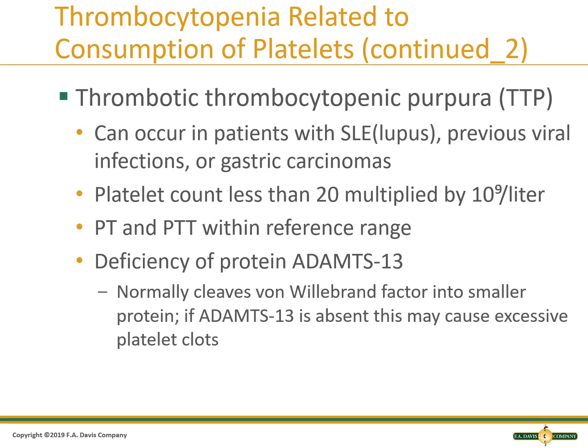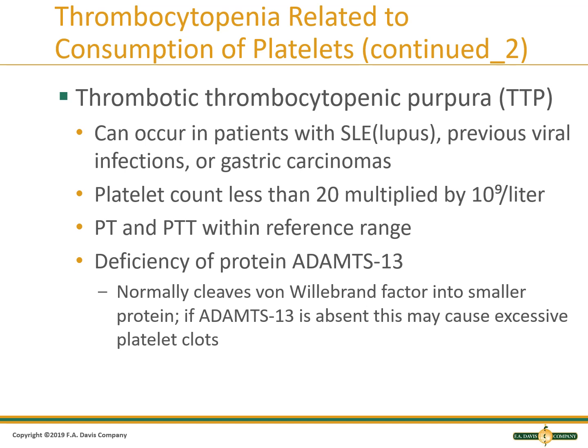Another type of thrombocytopenia related to consumption of platelets is TTP, or thrombotic thrombocytopenic purpura. It can occur in patients with SLE or lupus, a previous viral infection, or gastric carcinomas or gastric cancers. The platelet count can be less than 20 multiplied by 10 to the ninth per liter.